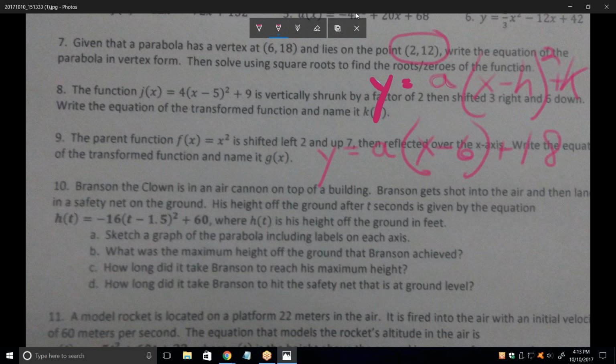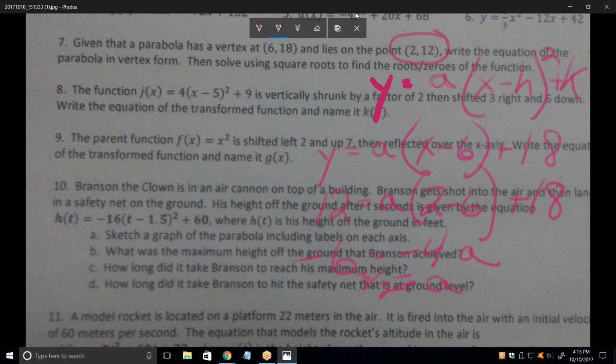So what's the next thing I should write? So 12 equals a times (2 minus 6) squared plus 18. All right. And then if I do a little algebra here, I get minus 6 equals minus 4a.